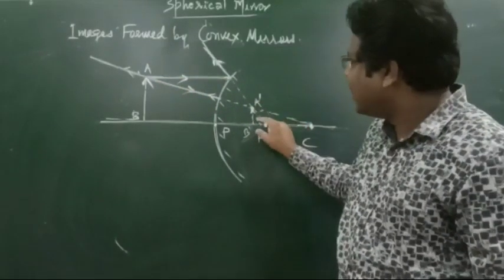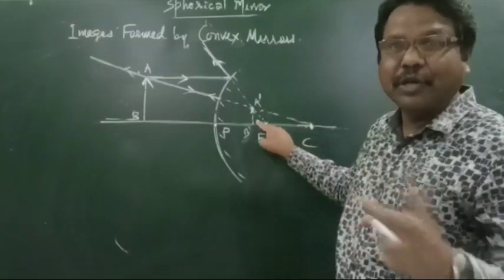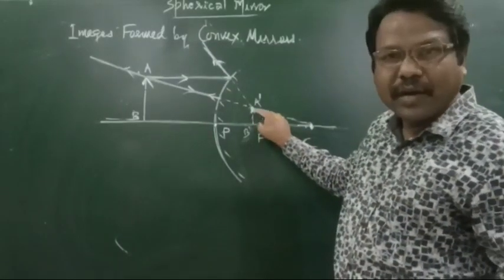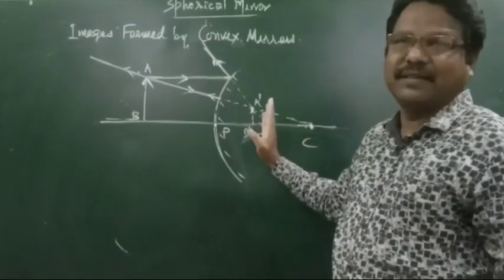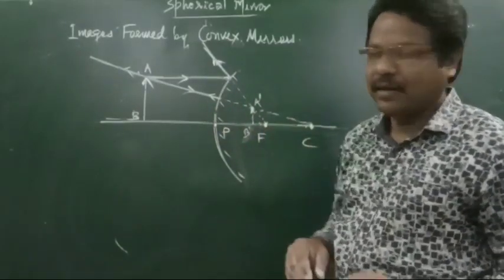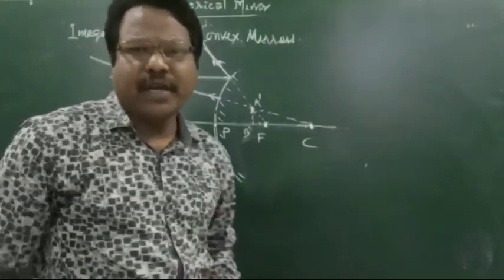And this image is virtual because real rays are not meeting. The rays appear to diverge from this point. So it is a virtual image and it is erect, behind the mirror. So these are the cases of image formation.